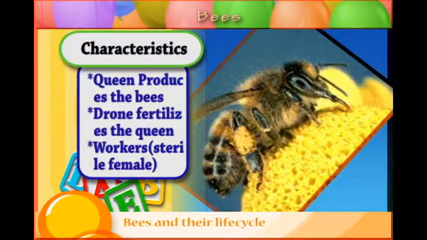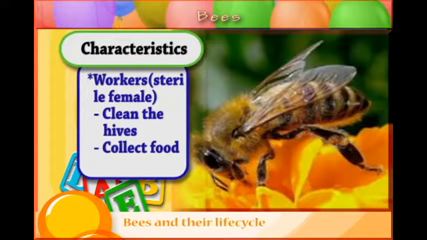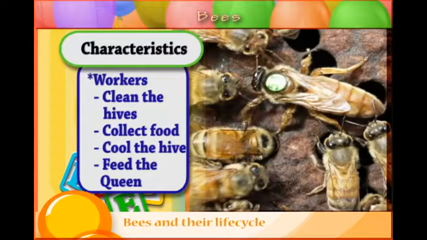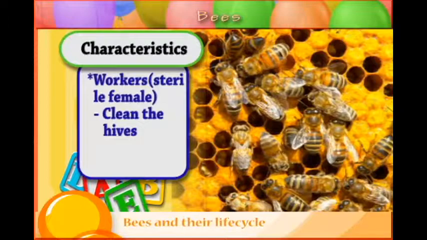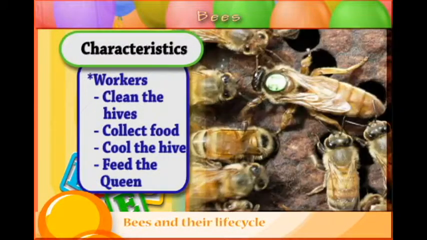Their work is to clean the hive, to collect food, to cool the hive, and to feed the queen. That is the major work of the workers. That is their portion of work.